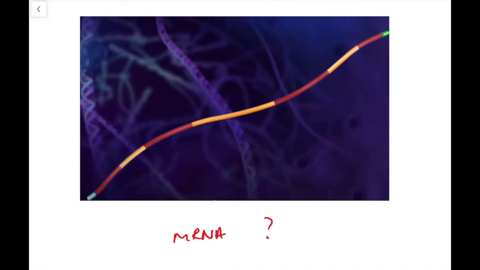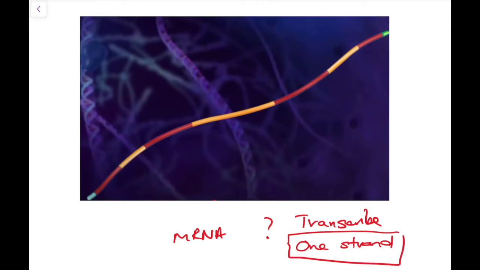But the question is, what did it copy? What did it transcribe? Because it transcribed one strand of the DNA. And so how does that work? If DNA is double-stranded, why did we only use one strand to get the single-stranded mRNA?